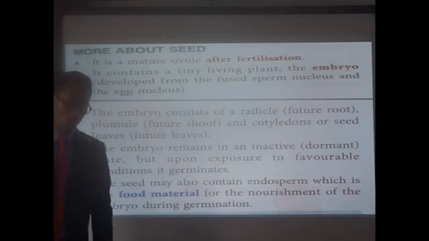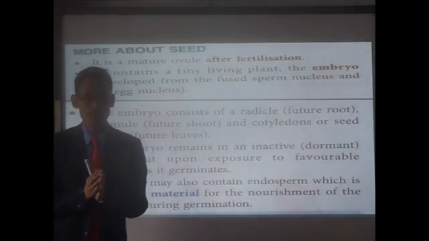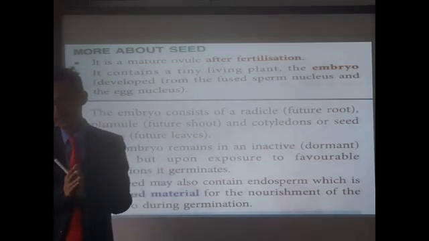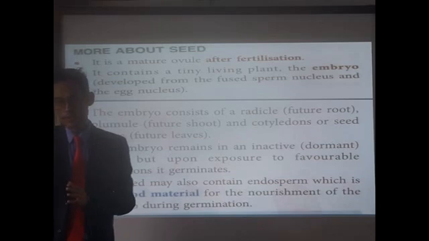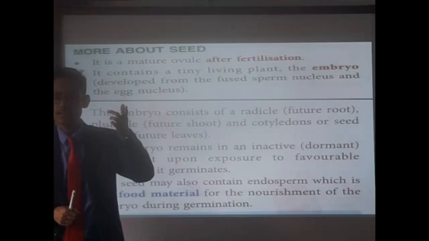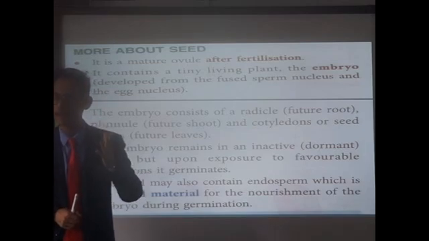So now, recall the process of double fertilization. Clear? Within the egg apparatus or the embryo sac, you have observed that there will be 8 cells: 3 cells at the antipodal end, 3 cells at the micropylar end, and 2 at the center. You remember, right? We read that. Clear?